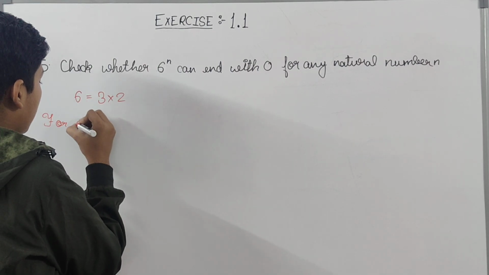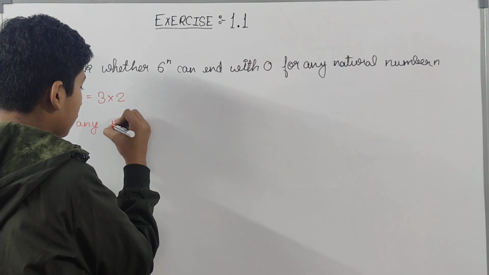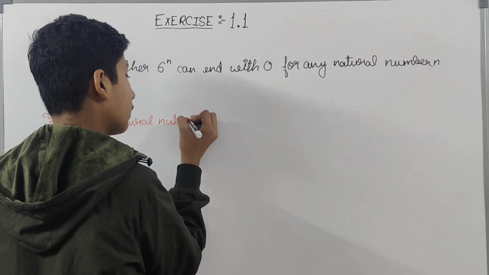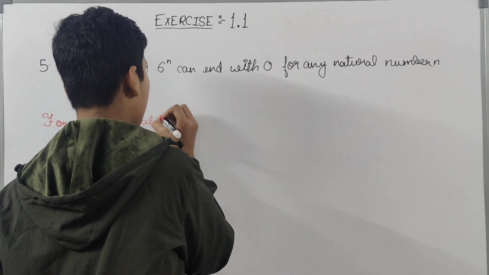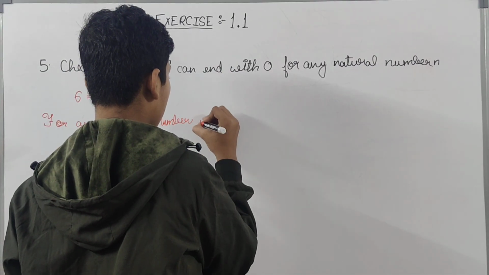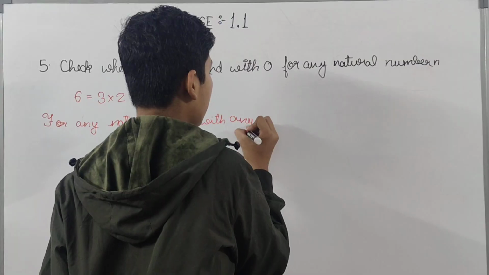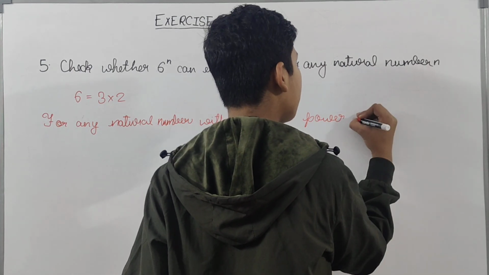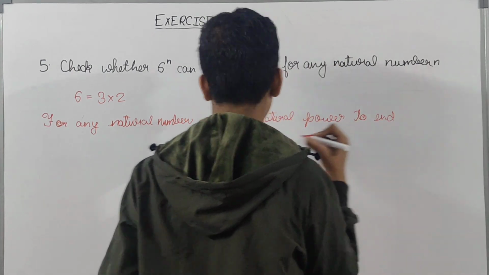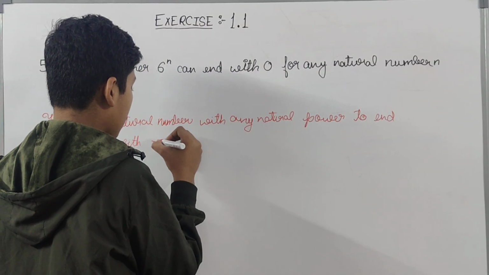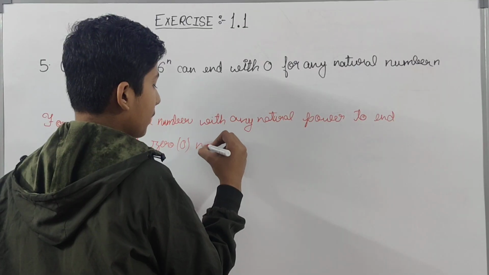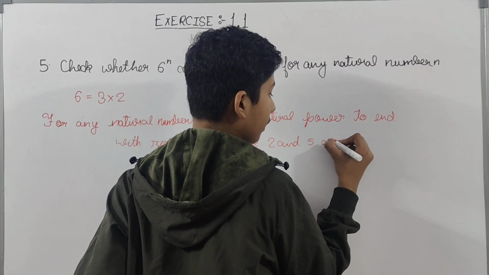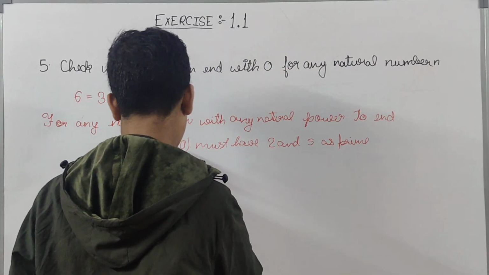For any natural number with any natural power to end with 0, it must have 2 and 5 as prime factors.